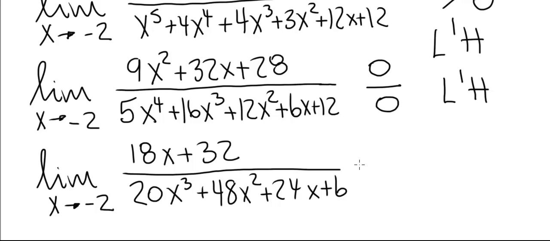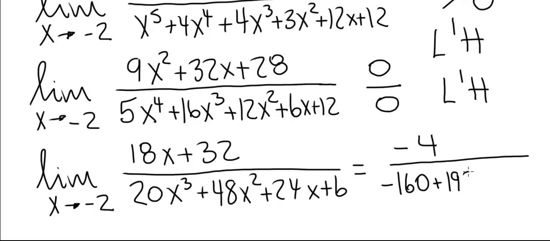In the numerator we have minus 36 plus 32, which is minus 4. And in the denominator, plugging in minus 2, we get minus 8 times 20, which is minus 160. And then 48 times 4, which is 192, plus 24 times minus 2, which is minus 48, and then plus 6.